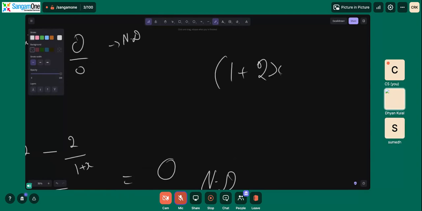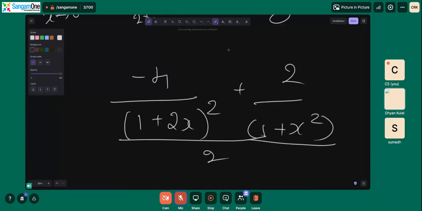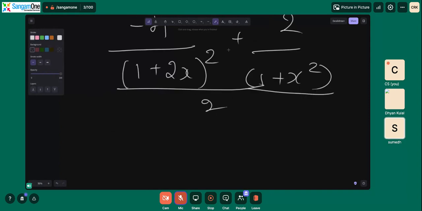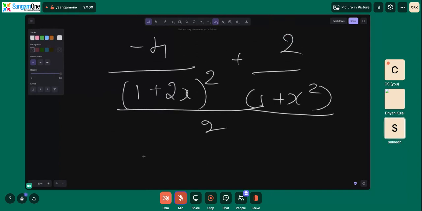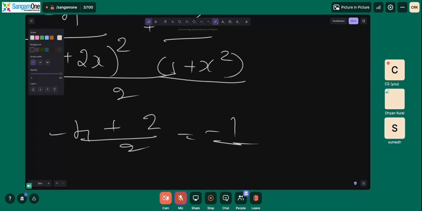You understood what I did here. So I got this. Now if I apply 0, I get minus 4 plus 2 by 2, that is equal to minus 1 basically. So this time I'm not getting not defined, I'm getting the actual value. So we applied L'Hospital rule correctly.